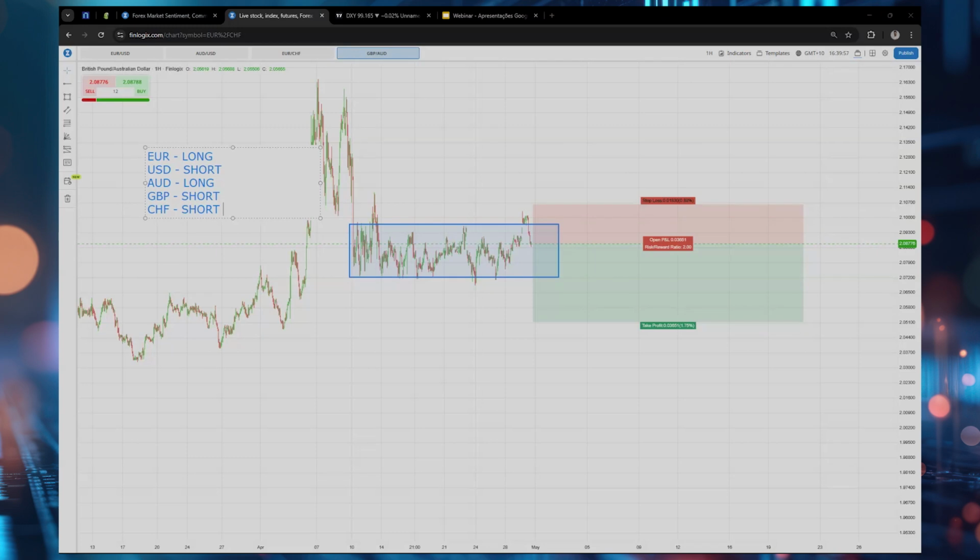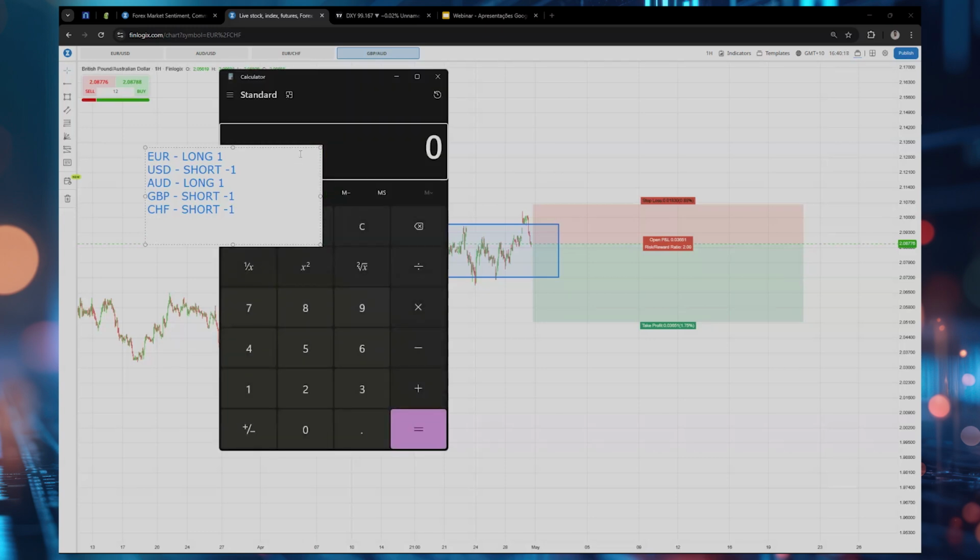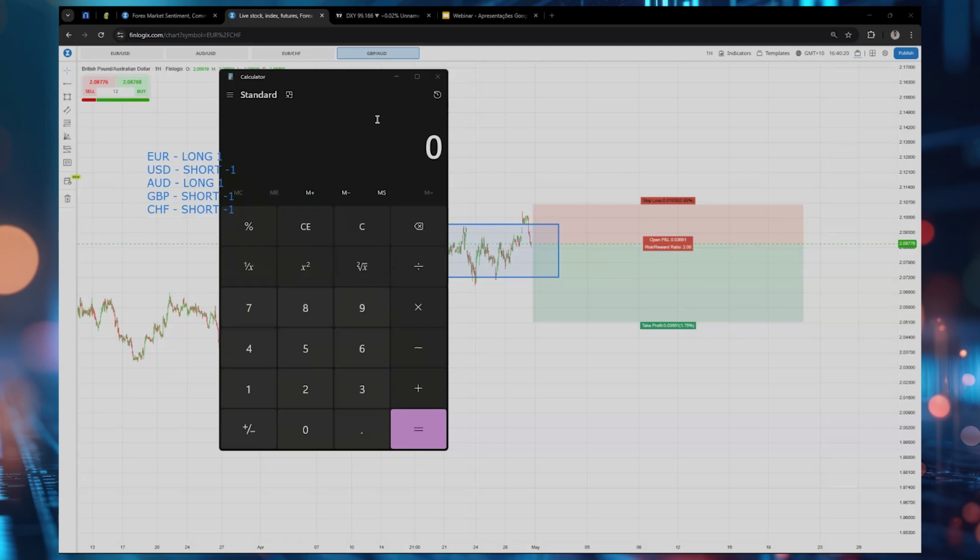So the exposure at the moment is, if we have long 1 and short -1: long 1, -1, long 1, GBP -1, and -1. So the portfolio is, oh gosh, wait.